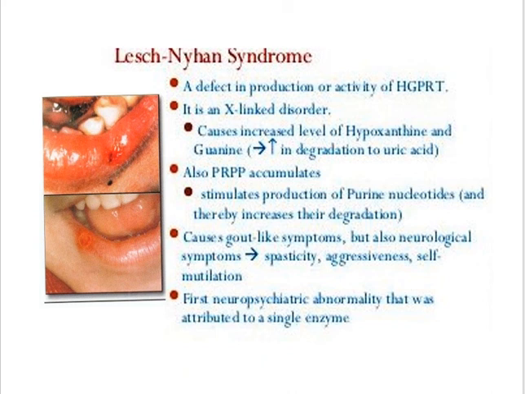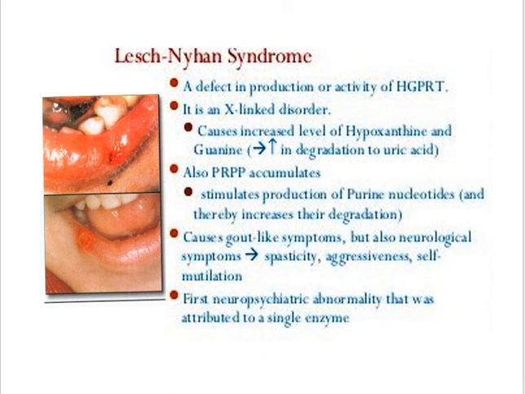Also, there is accumulation of PRPP, which stimulates the enzyme PRPP glutamyl amidotransferase, leading to the excessive production of purine nucleotides, excessive degradation, and excessive production of uric acid.